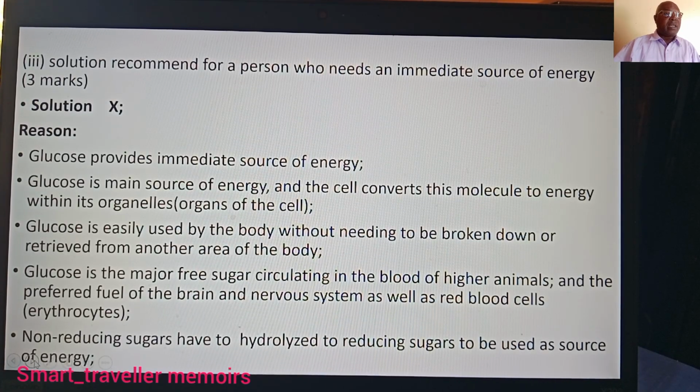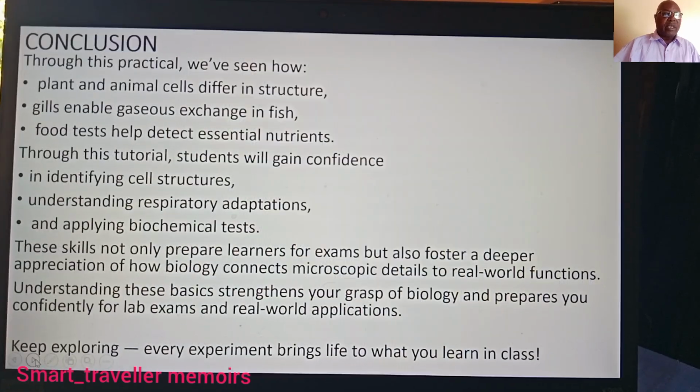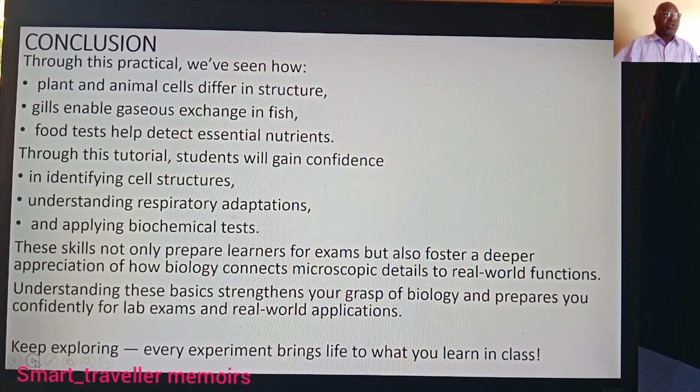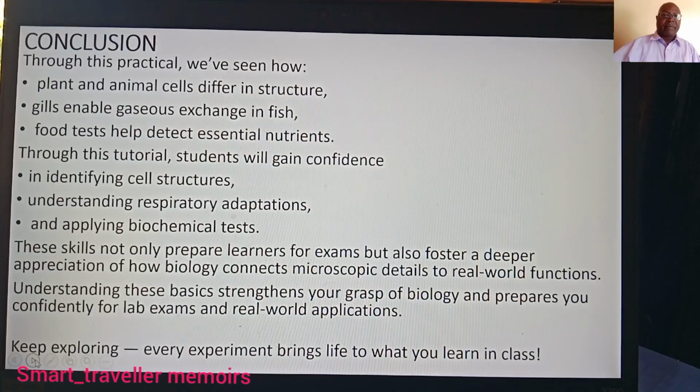And finally, non-reducing sugars have to be hydrolyzed to reducing sugars to be used as a source of energy.